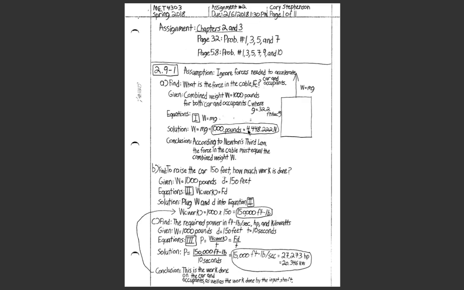I've also sketched out a simple free body diagram. I would recommend that you try to keep the free body diagrams as simple as possible, but I just think free body diagrams are beneficial in engineering and physics problems in general.